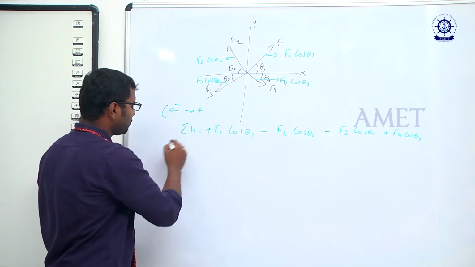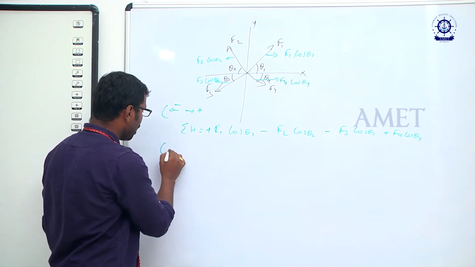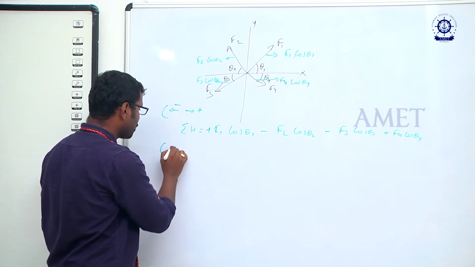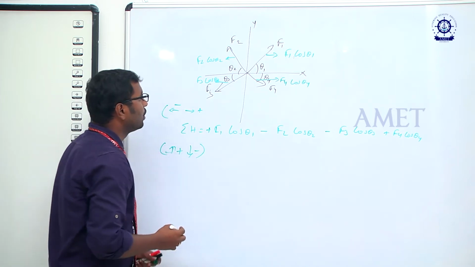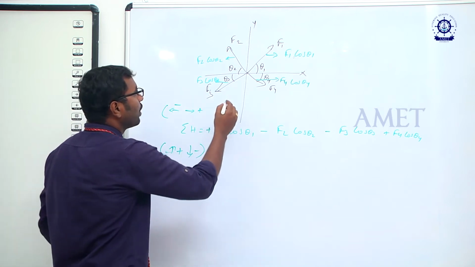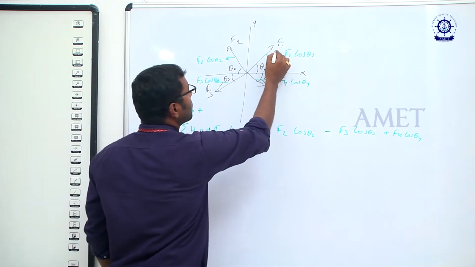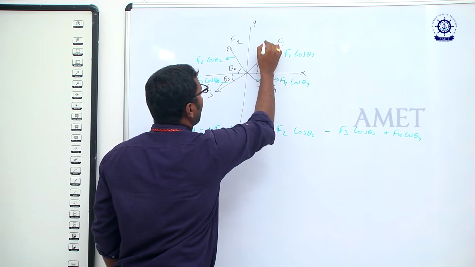Similarly, for the vertical components we need to assume the upward direction as positive and the downward direction as negative. So in this force system, this force is acting in the upward direction.